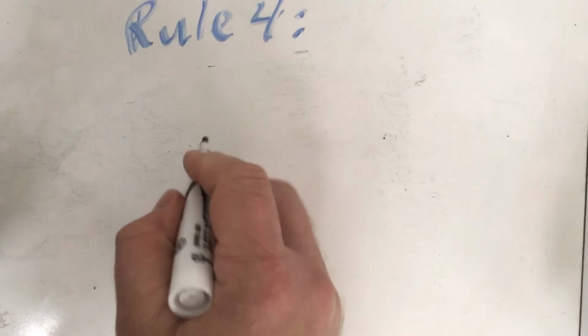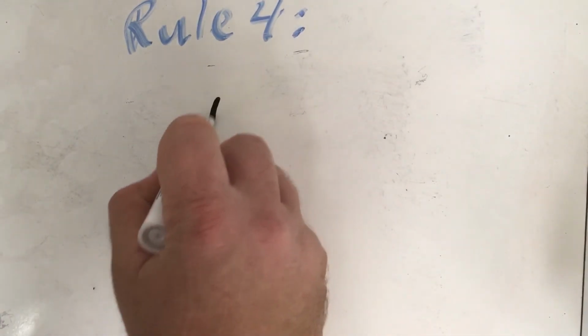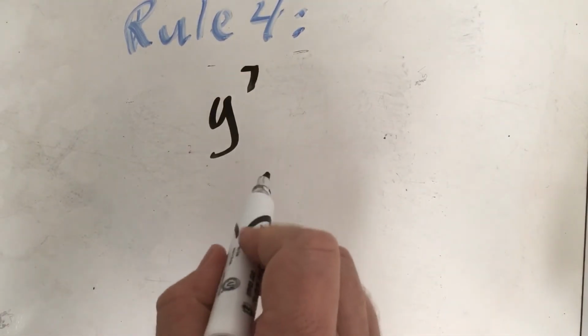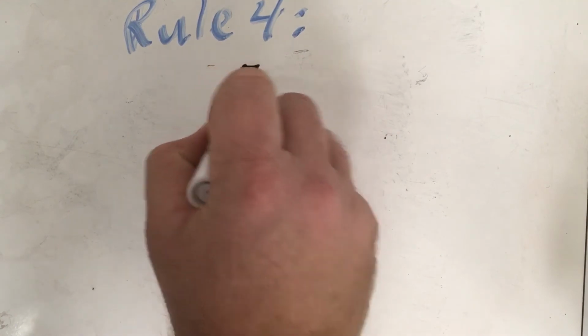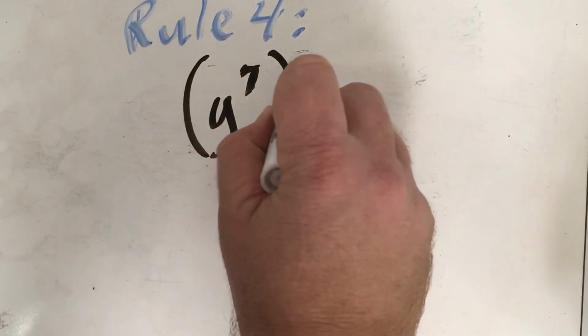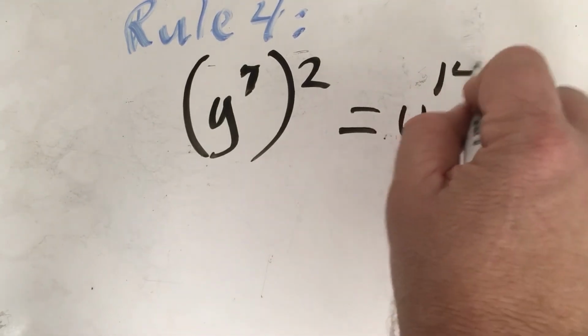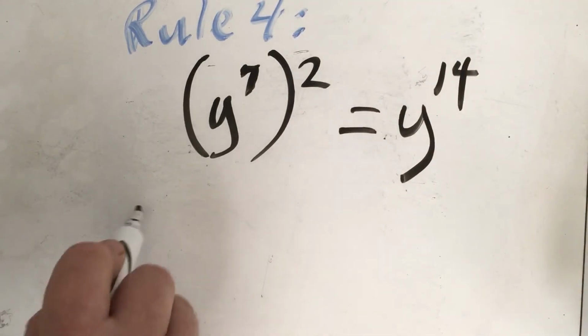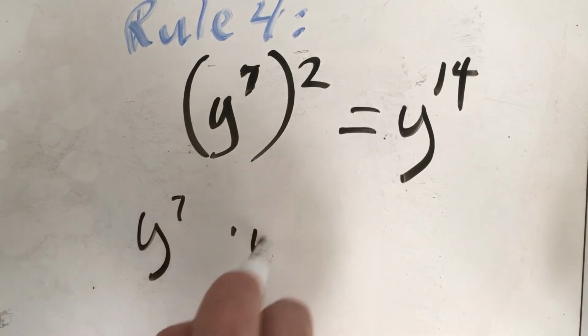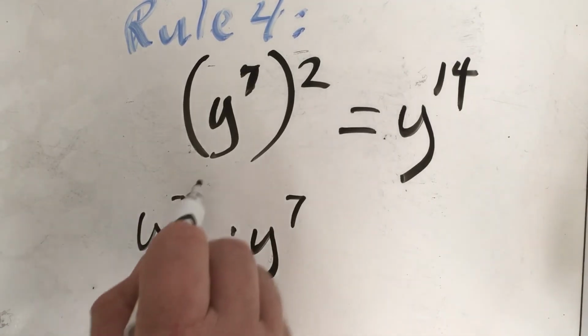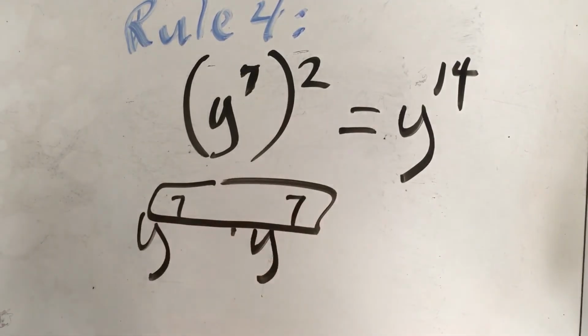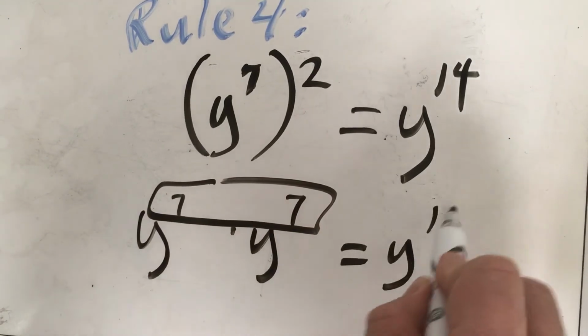So it's really useful with variables. Let's have y to the 7th raised to the 2nd. Answer, y to the 14th. And the reason again is if you take y to the 7th 2 times, what would you do according to rule 3? You would have added those anyway.